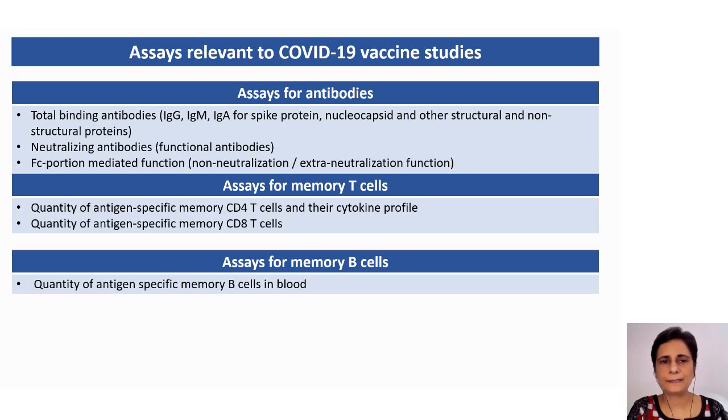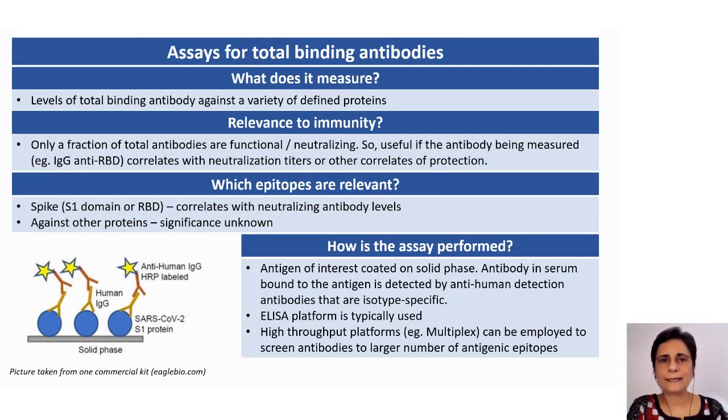For memory B cells, we usually measure the quantity of antigen-specific memory B cells in blood. All of these assays taken together give us a reasonably comprehensive picture of what is happening in infection and when a vaccine is given. Now, assays for total binding antibodies are what we know as serology assays. These are the ELISAs.